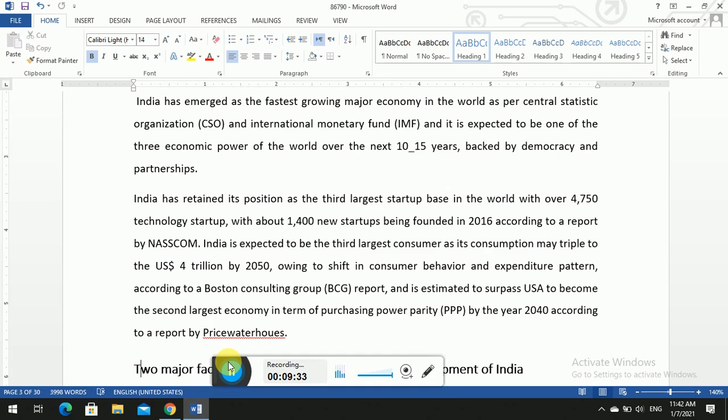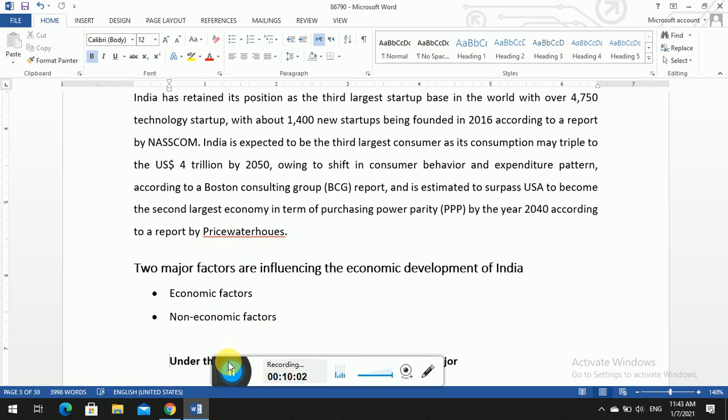India is expected to be the third largest consumer, as its consumption may triple to US$4 trillion by 2050, owing to a shift in consumer behavior and expenditure pattern, according to Boston Consulting Group reports. It is also estimated to surpass the USA to become the second largest economy in terms of purchasing power parity by 2040, according to a report by PricewaterhouseCoopers.